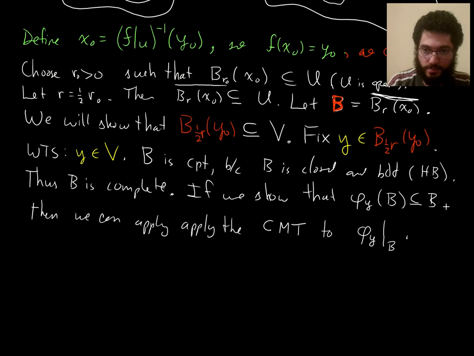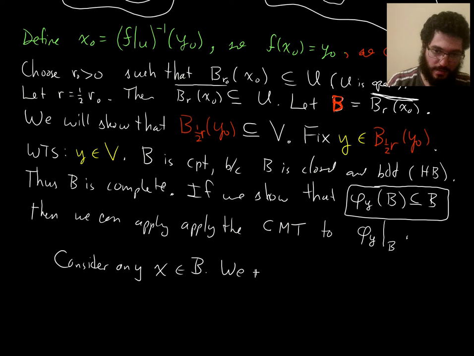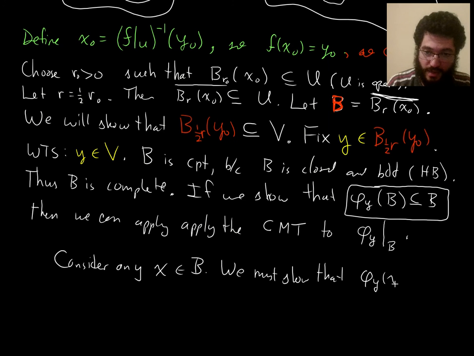Okay, so to prove this statement here, let's consider any x in B. Then we must show that phi sub y of x is in B. That's how we prove this statement that I boxed in here, right?